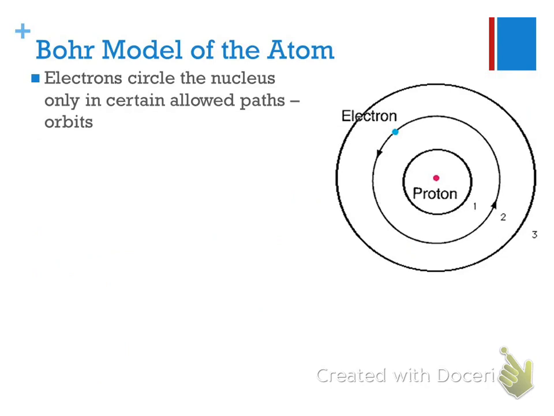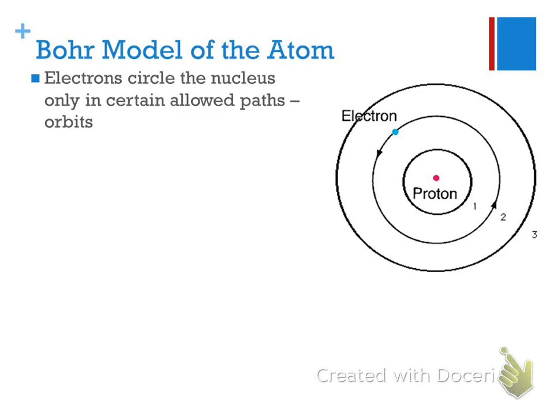So, moving on to how electrons work within the atom. This guy called Niels Bohr came up with this idea about the electrons around the nucleus of an atom. He said that electrons could only orbit in a certain circular path.